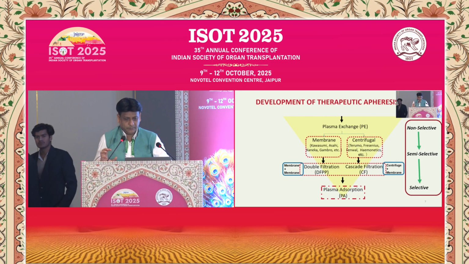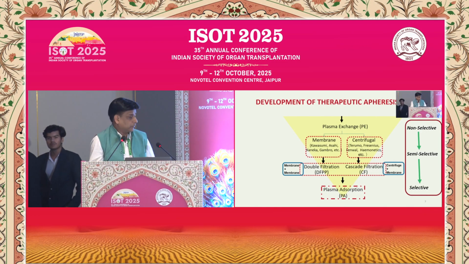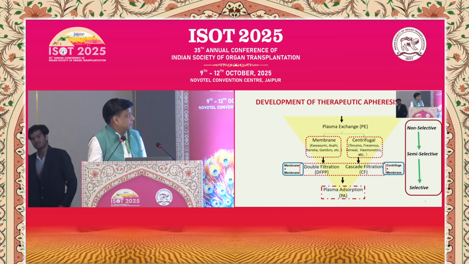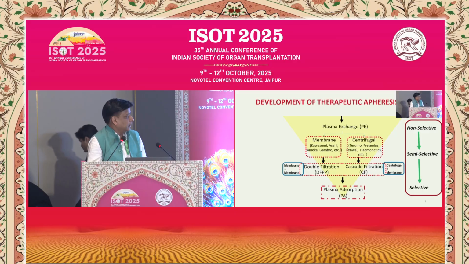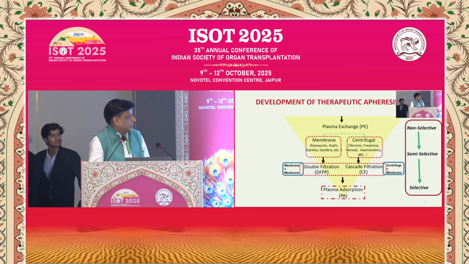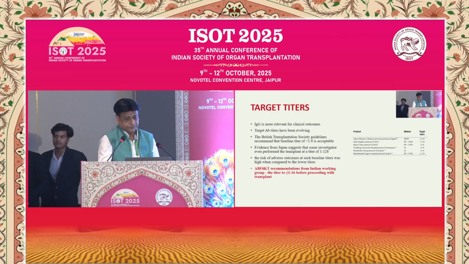Basically, this is plasma exchange. You can use membrane or centrifugal. Double filtration is membrane plus membrane. Cascade uses the centrifuge technique plus membrane, and then there is plasma adsorption. Plasma exchange is non-selective, double filtration is semi-selective, and plasma adsorption is selective.